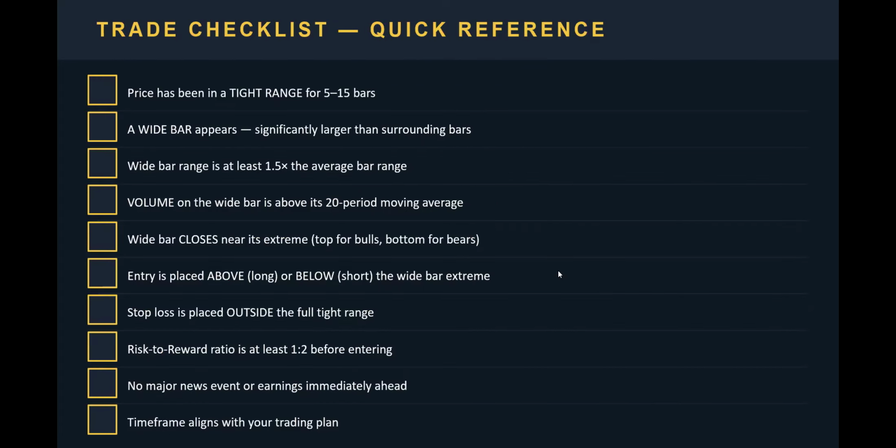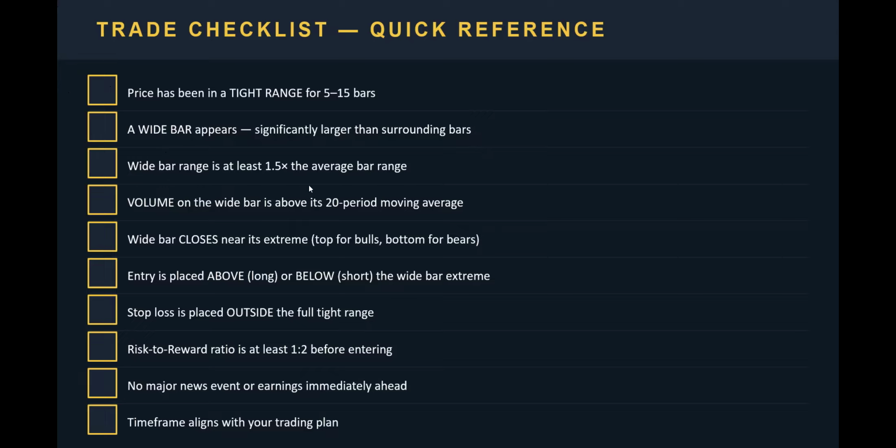So for a quick reference, this is the thing. You can take a screenshot, keep it on your desktop. These are the first checklist. Price has been in a tight range for 5 to 15 bars. That is the first checklist item. You have to write it down and put a checklist. Wide bar appears significantly larger than surrounding bars.